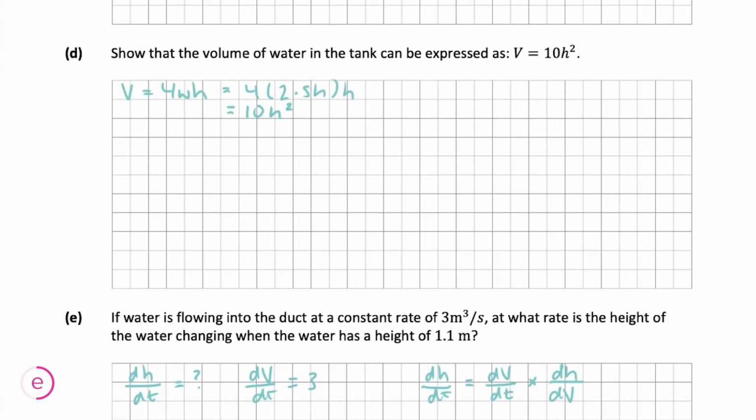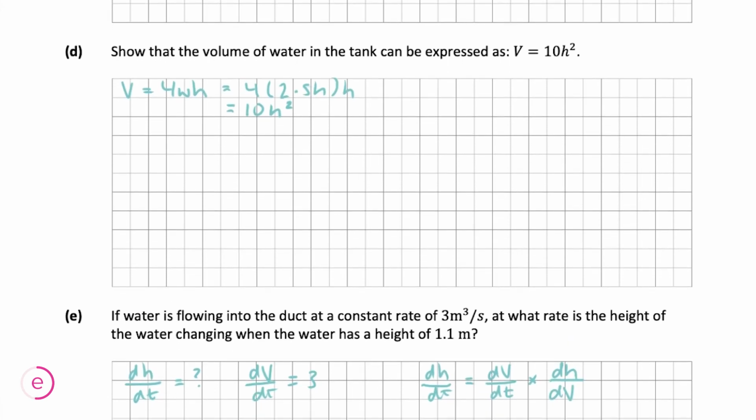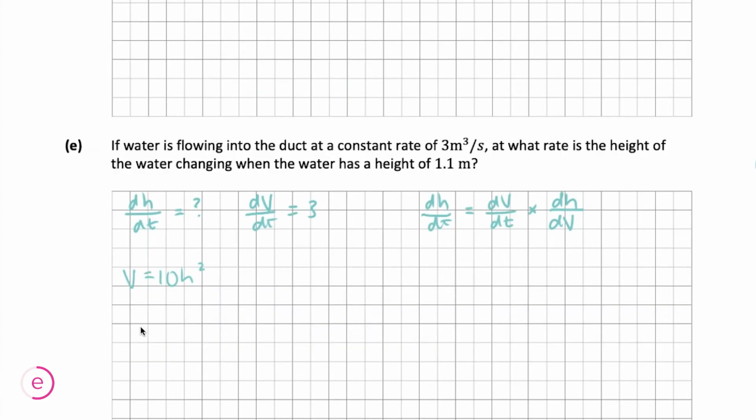We just found in the previous question that V is equal to 10h squared. If we differentiate that, we find dV/dh, which would be 20h. Now we want dh/dV, which means we can simply invert it, which gives us 1 over 20h.